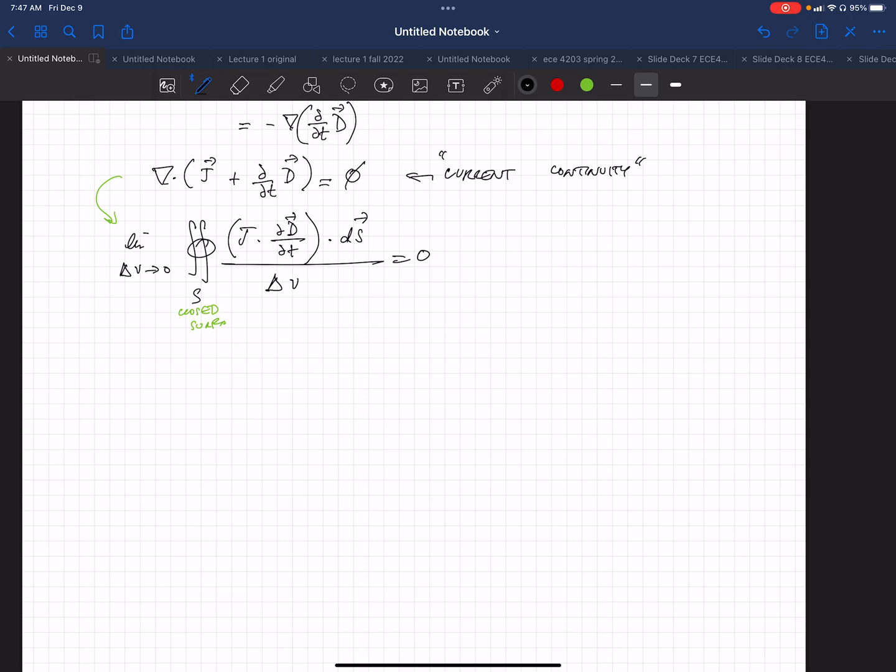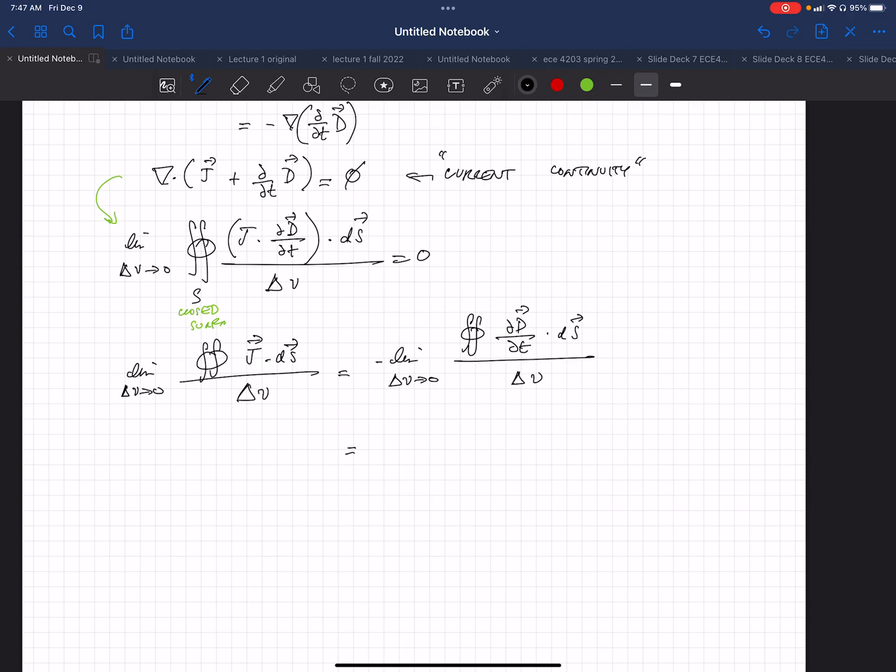And then we can just separate them out again. So the limit as delta V goes to 0 of the integral of J dot dS over delta V is minus the limit as delta V goes to 0 of the surface integral of the derivative of D with respect to time over the volume.